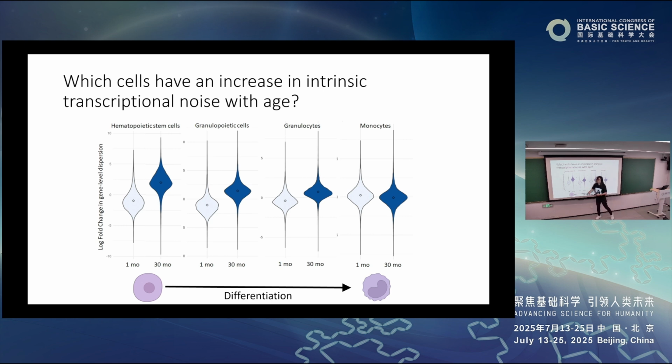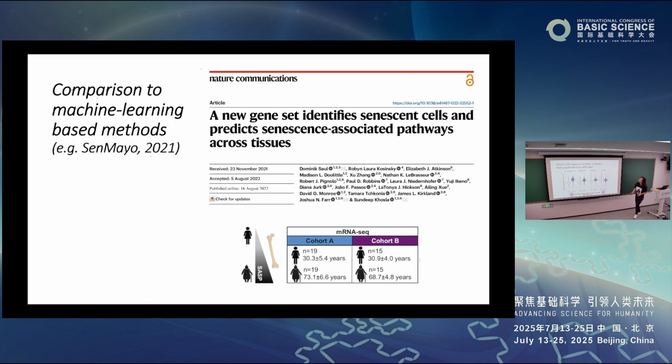These are the multipotent cells, the potency increases as you go there. So you see that stem cells age with the organism, whereas differentiated cells do not. So that was a revelation. Not all cells age in the same way.